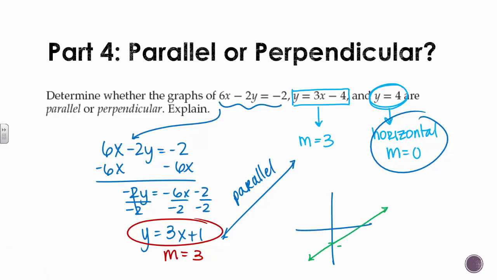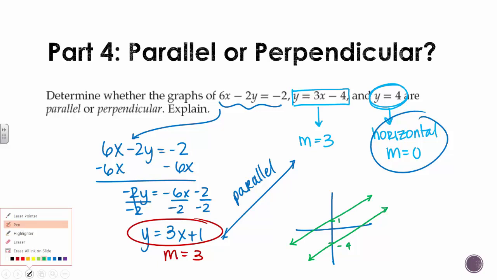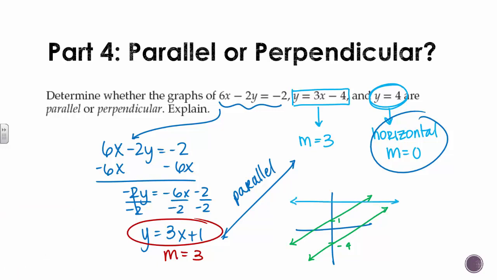This is the -4. One would look like this, because it's the 1. And then the other one, the horizontal one, would look like this, because it goes through at 4. So these two green ones are parallel to each other, but that horizontal one is not parallel or perpendicular, because it has a slope of 0.